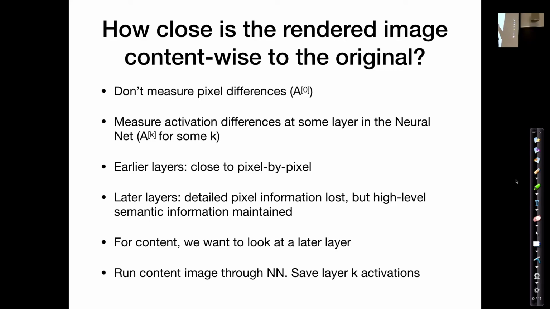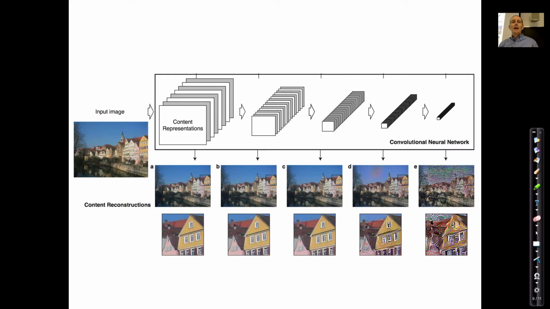So, all right. We're going to look at a later layer. We understand how we fed them through. We pulled out the activations at a particular layer. And here's an example, by the way, from the paper showing our original image.